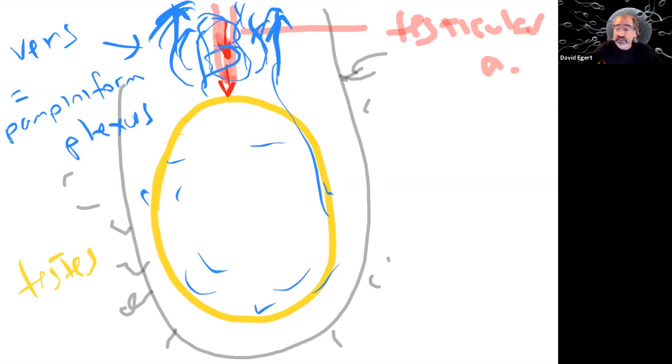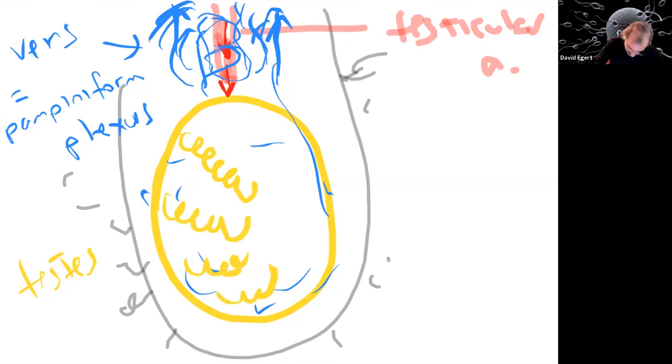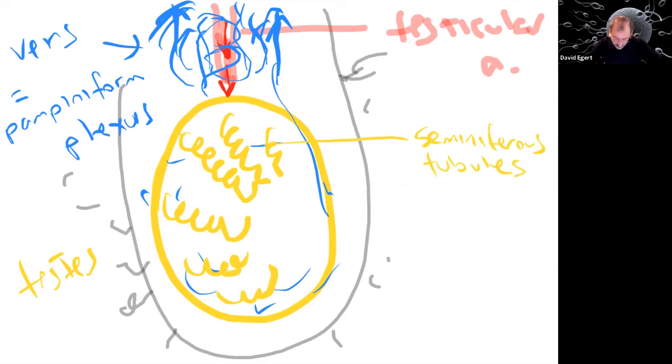If we look in the testes in more detail, there's two main things that are happening. One is sperm production. One is testosterone production. So let's look at each of those in turn. There are all of these little tubules.